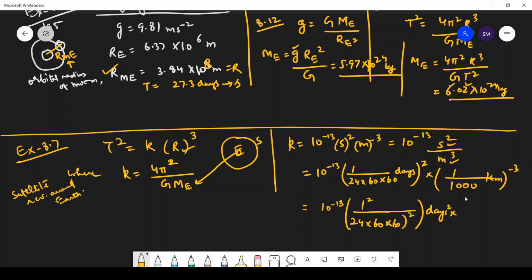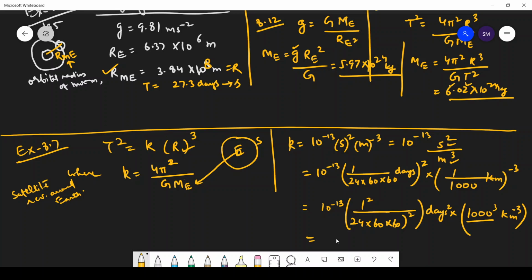Okay, multiply similarly here. So this is 1000 raised to the power minus 3. So this 1000 will come on the upside, right? 1000 cube into kilometer minus 3, so this will remain kilometer minus 3.